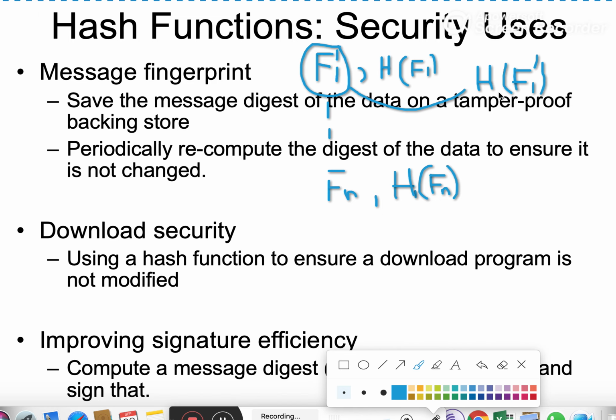So when the system recomputes H of F1 dash and compares it with the stored hash, both hashes would not be the same, and the system will find out that F1 is an infected or tampered file.